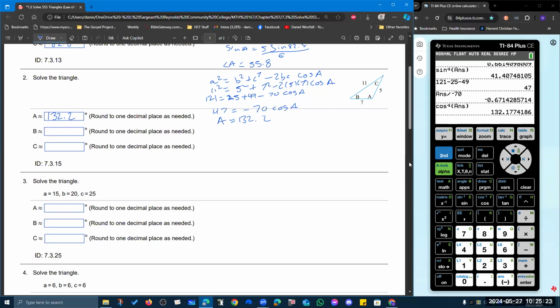And let's use the law of sines now. Sine of 132.2 over 11 equals, let's solve for angle B, sine of B over 5. Sine of B equals 5 sine 132.2 over 11.